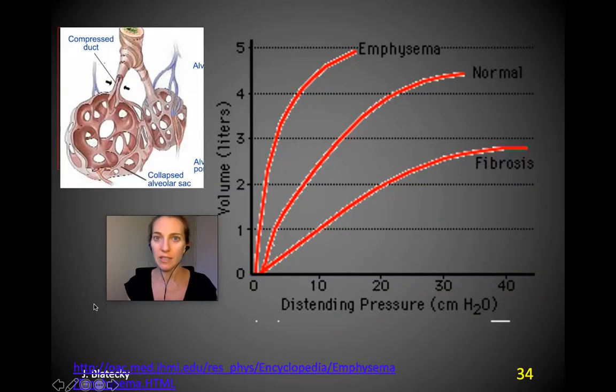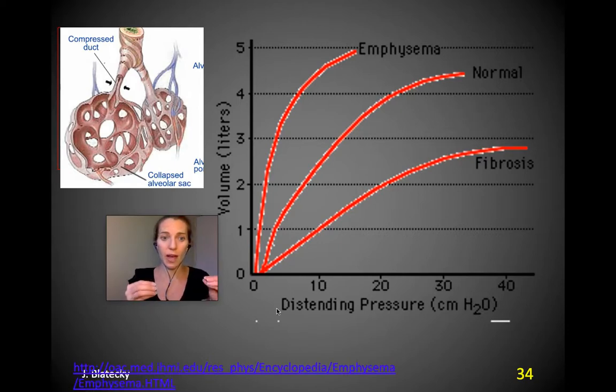With emphysema, so many of these alveolar walls are lost or damaged that the lungs become so loose and floppy that it doesn't take much of a pressure change to cause a big volume change. So with emphysema, the lungs are said to be highly compliant. They are too compliant. They've lost the elastic recoil of the lungs.